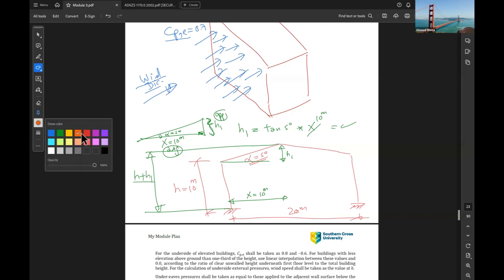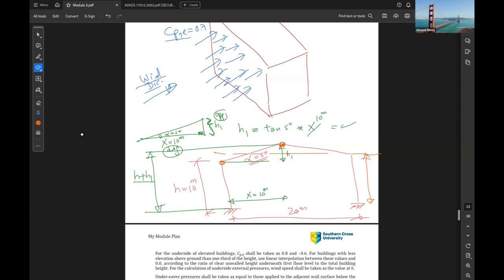So now you know the highest point and the lowest point, so you can get the average H. Let's name this as H2.